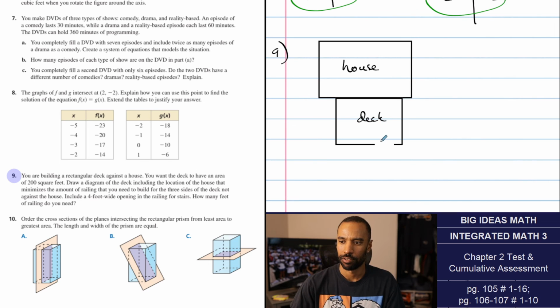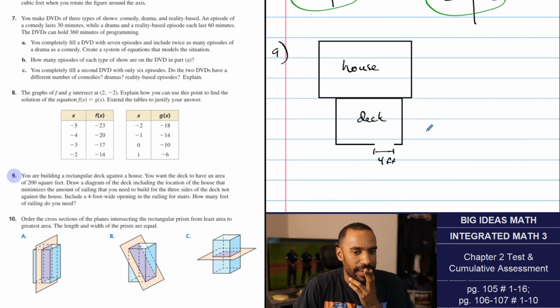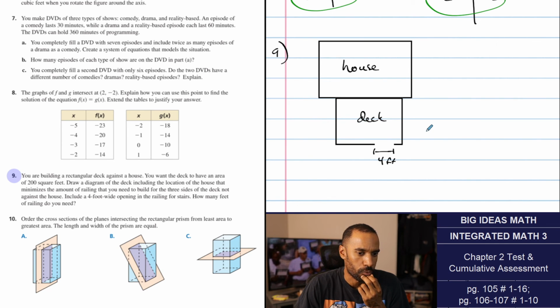So gate, this is 4 feet. Okay, what do they want? Draw a diagram. The deck needs to have an area of 200 square feet. Draw the diagram, including the location of the house, that minimizes the amount of railing you need to build for the 3 sides of the deck, not against the house.